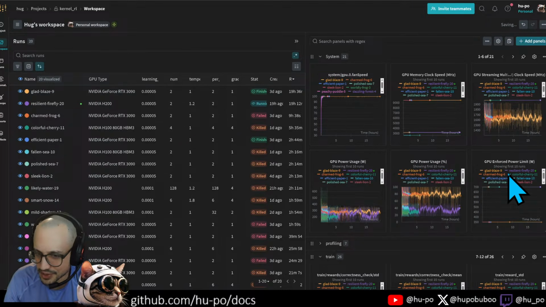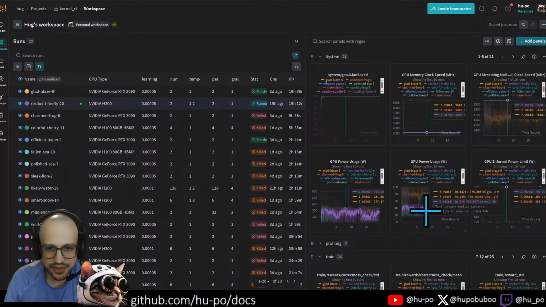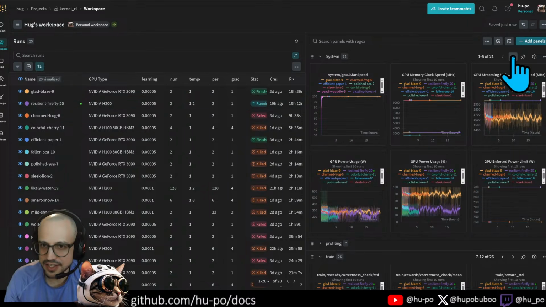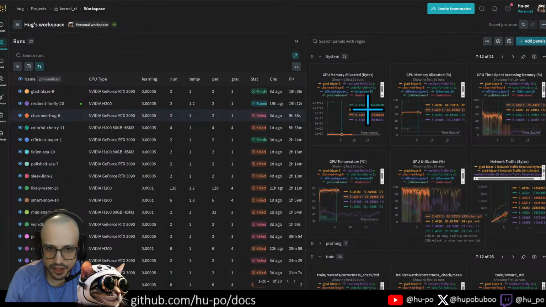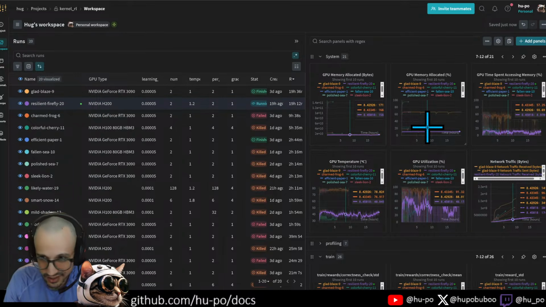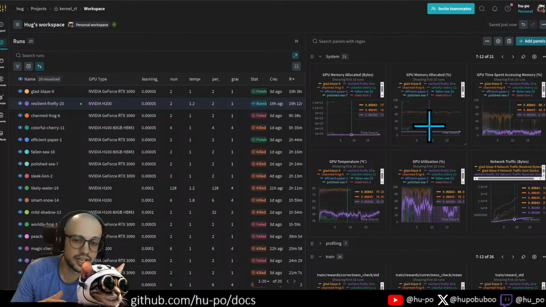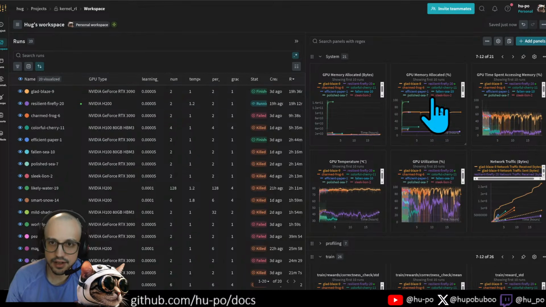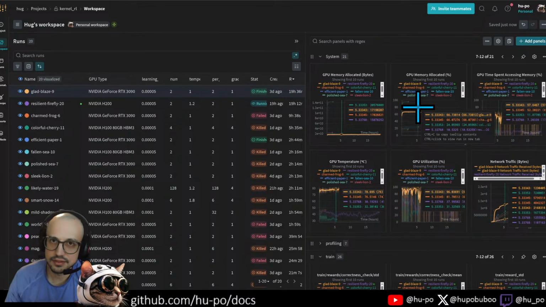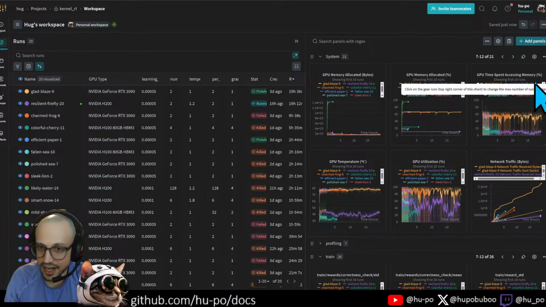You've got GPU power usage, not super indicative of whether or not you're actually utilizing your GPU effectively, right? GPU memory allocated percent, also not necessarily a super indicative metric, right? GPU utilization, GPU time spent accessing memory.